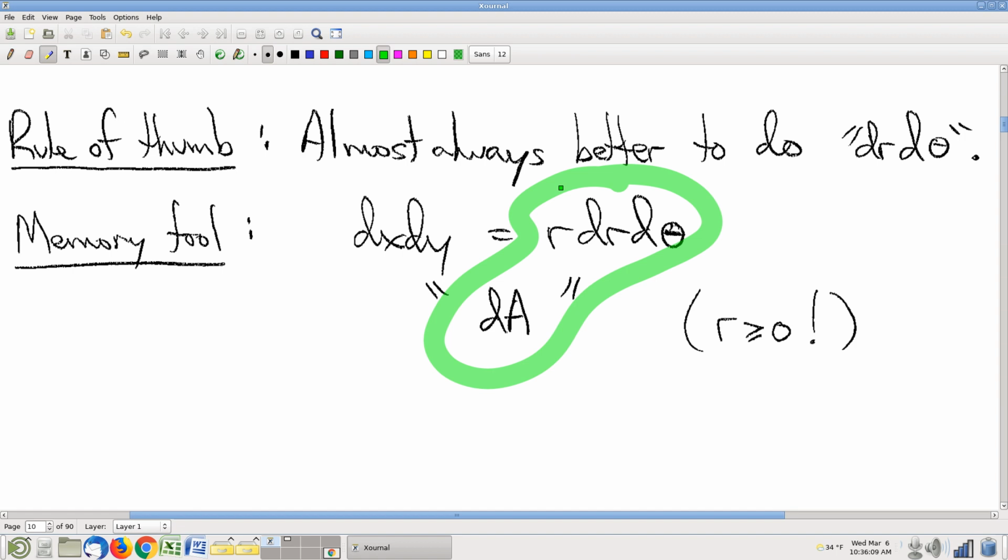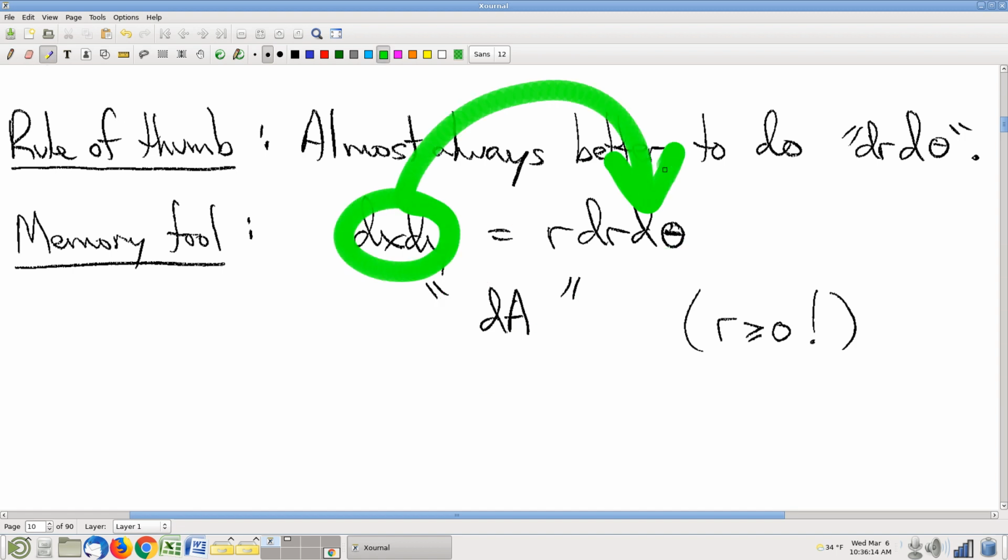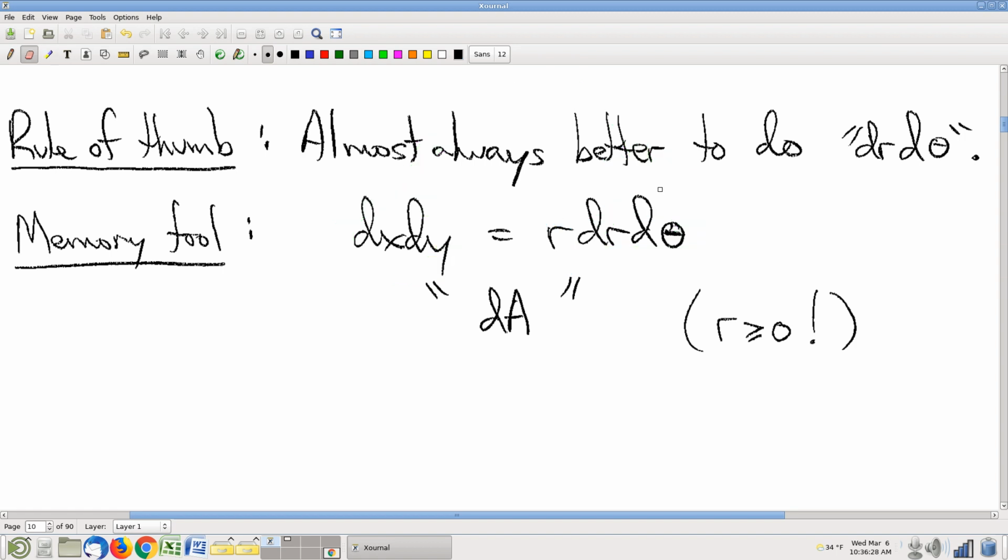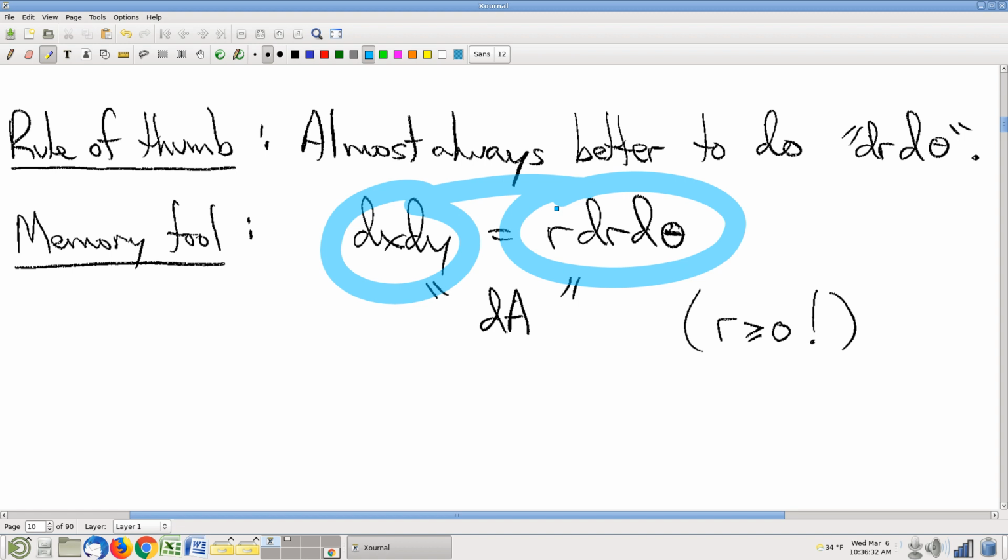Right? So don't think of this as step one, I've got to convert dx dy into dr d theta or something. That doesn't make any sense at all. And then subsequently, I'm going to stick this in here because the book says so. That's not a good way to look at it. dx dy is r d theta.